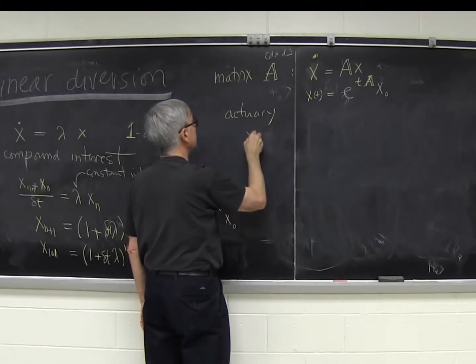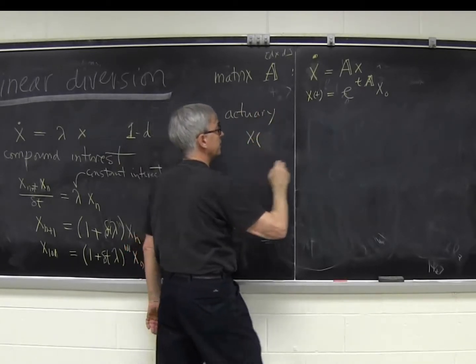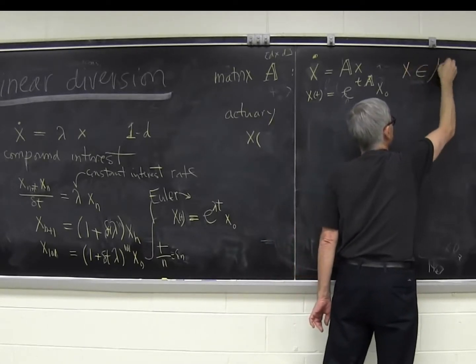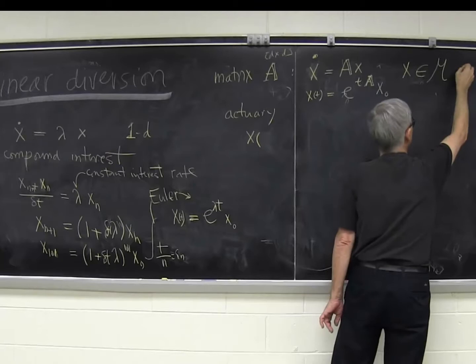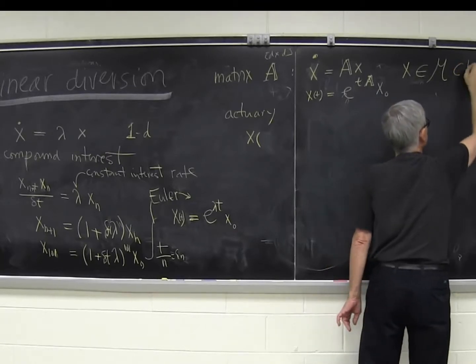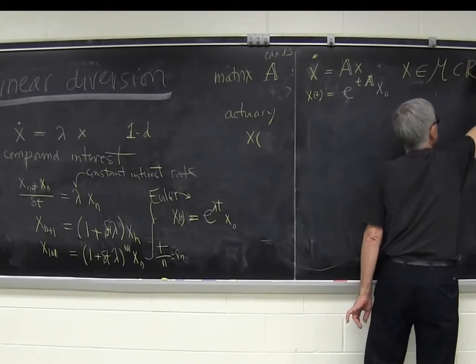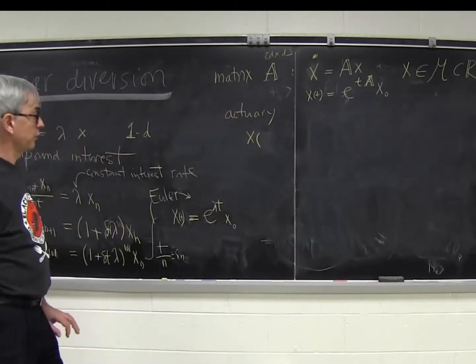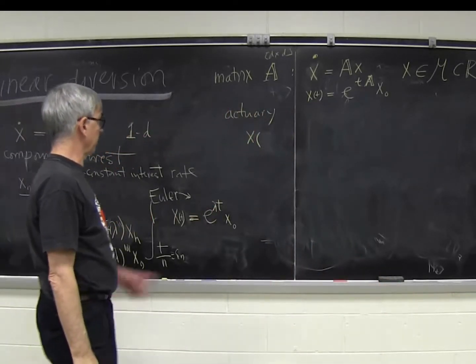The way the actuary would write this solution would be to say that my vector is d-dimensional, so now we are in our setting, x is now state space, which is d-dimensional, where d can be anything from 1 to infinity depending on the problem.